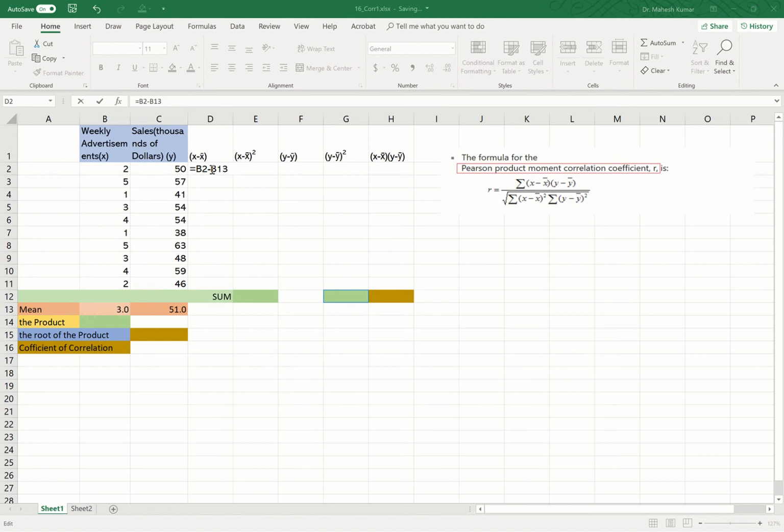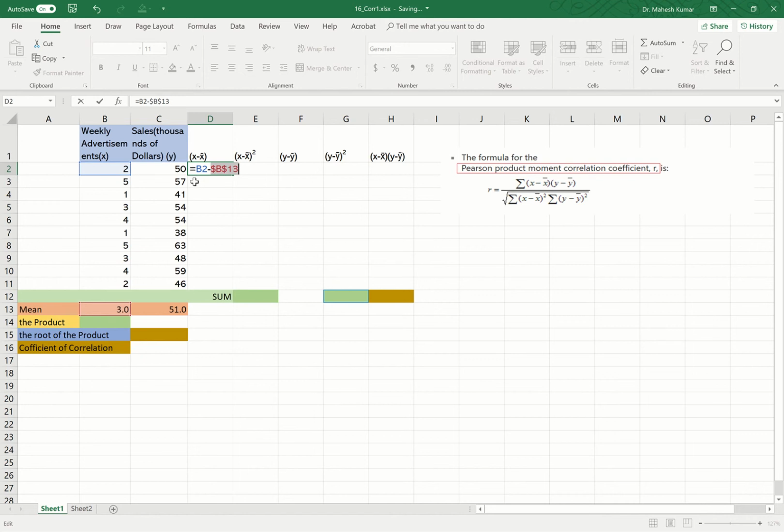When we click this cell, the mean of series X, we get B13 here. To convert it into an absolute reference, we press a combination of keys on the keyboard, Function plus F4, and now you see it becomes $B$13.